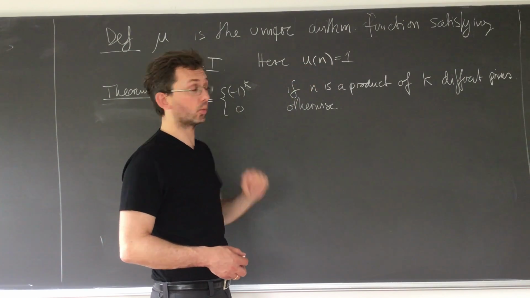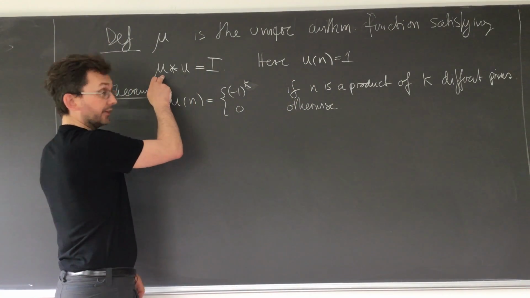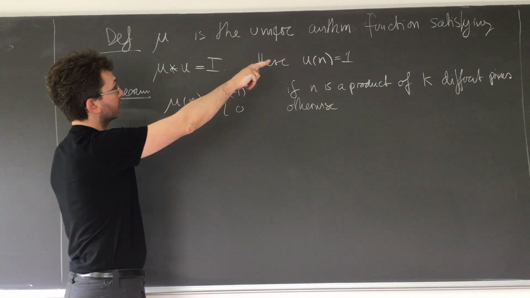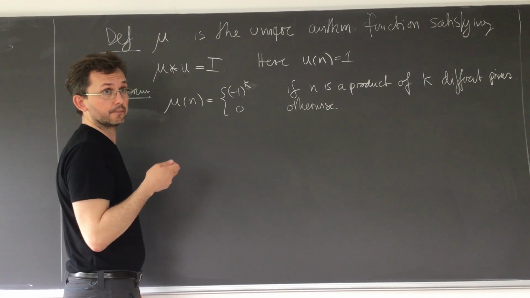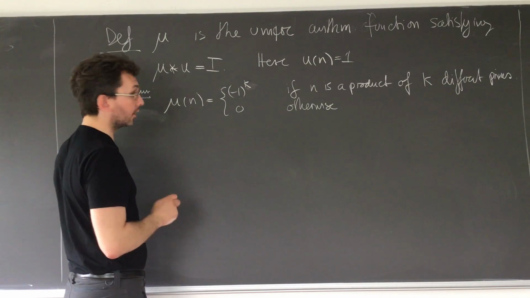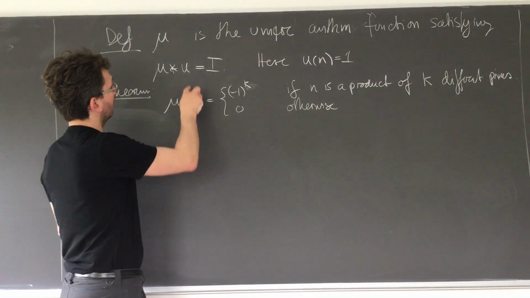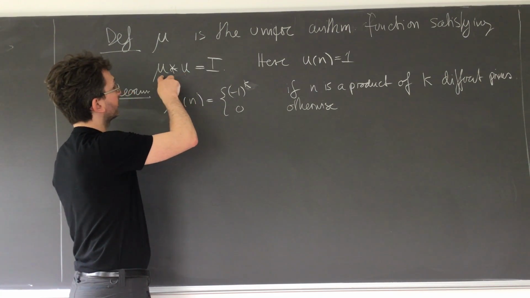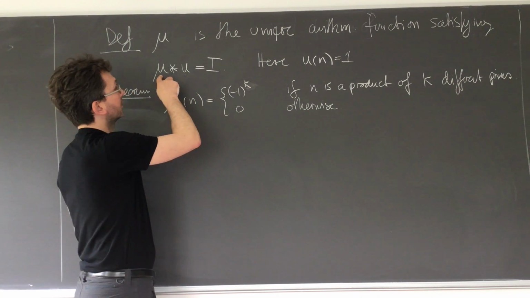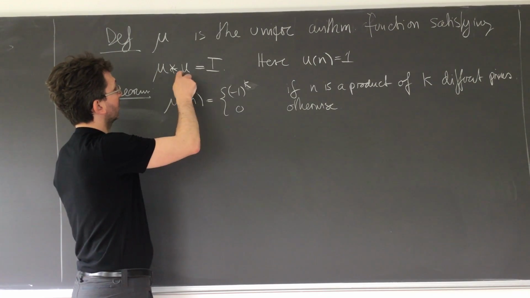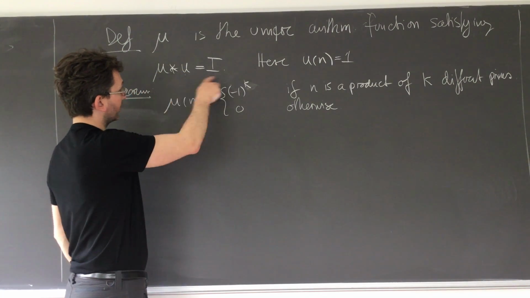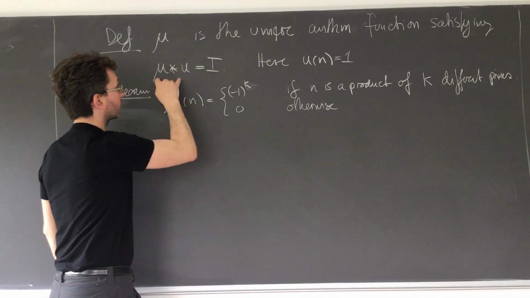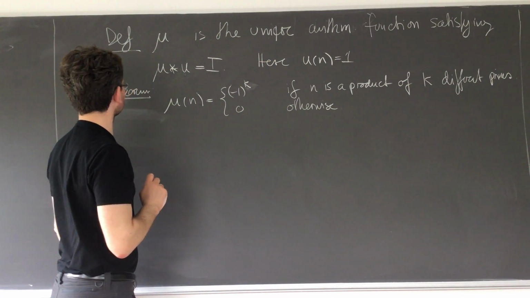This is indeed unique because we have shown that the set of arithmetical functions that are not 0 at 1 form a group. Since u is in the group, there is a unique inverse to u. So this is general group theory.